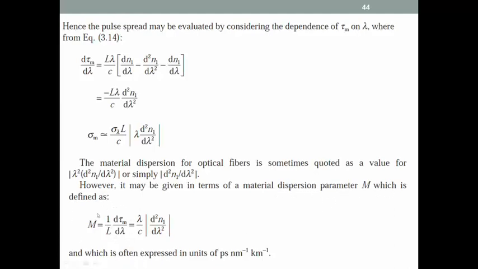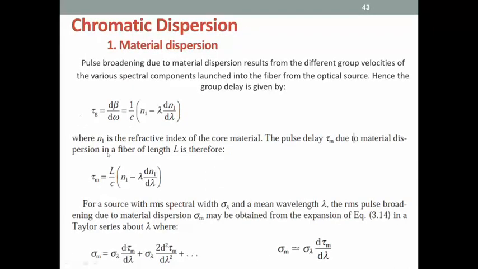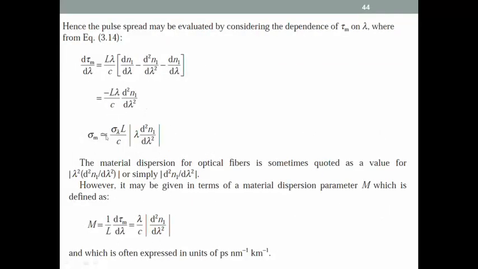It is okay if you are writing M in terms of this, it is not necessary that you have to write it in this way. It is expressed in picoseconds per nm per kilometer. Alright, so this is what the material dispersion expression is. All you have to do is remember this and this, substitute this after derivation, remember the Taylor series. So you are going to get 1 by L d tau m by d lambda, and hence this expression.